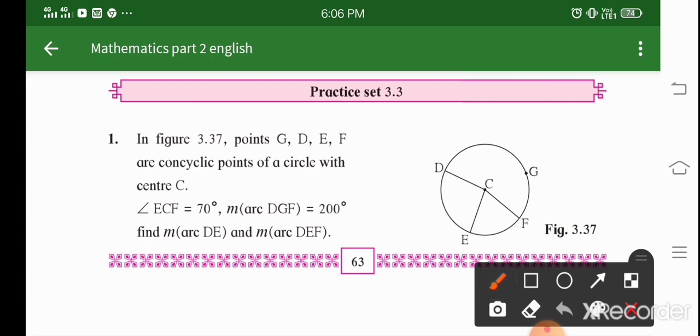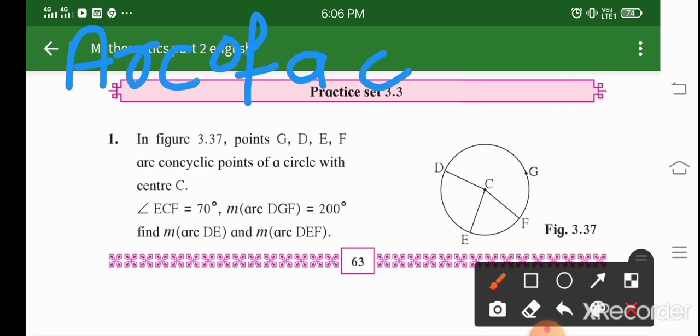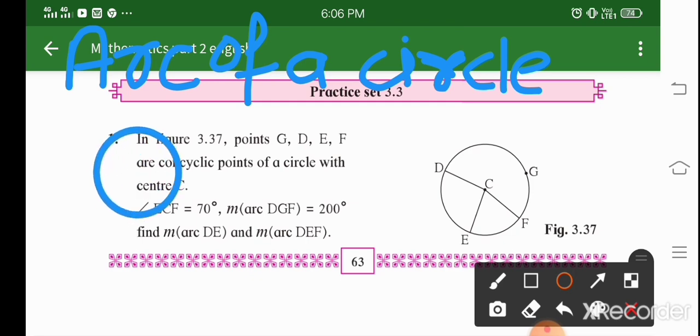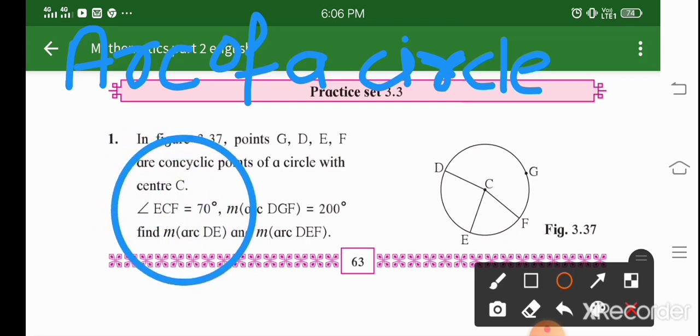Have you ever heard about an arc of a circle? That we are going to study in this particular exercise. As you know, there are two types of arc in a circle. For example, this is a circle and the center is A. Let's suppose this is a secant.